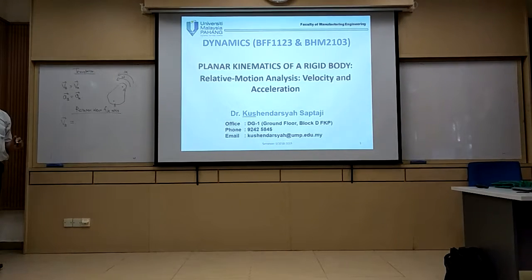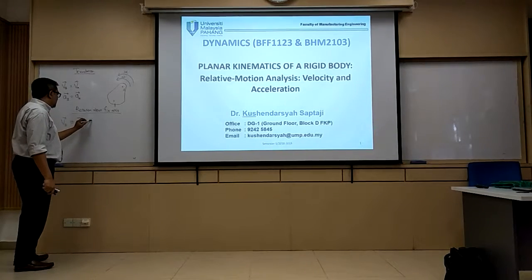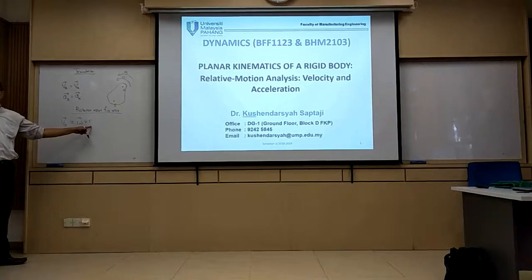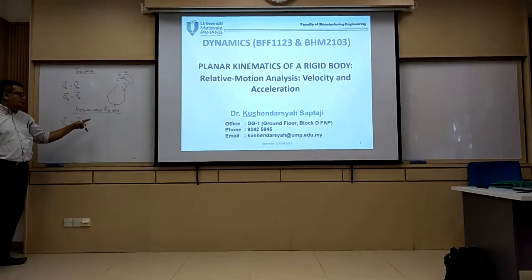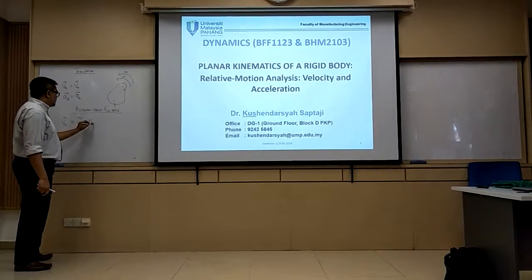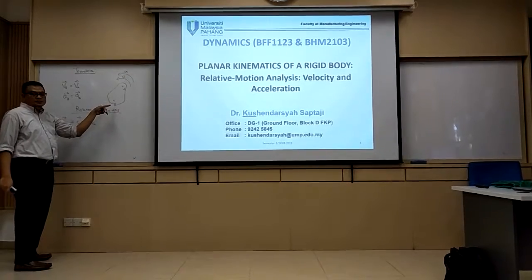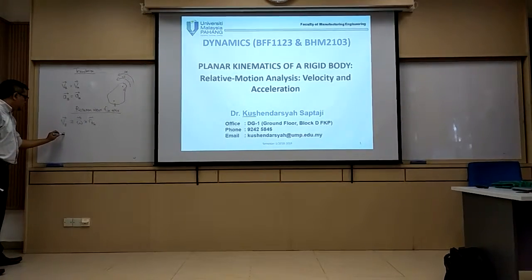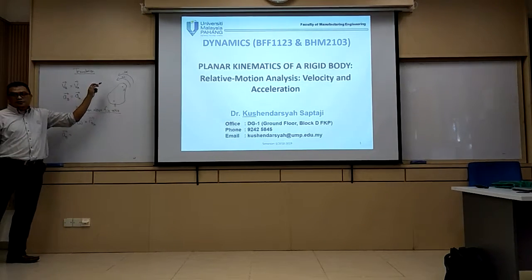Omega cross R. What R? The distance of AB, right? So R_BA, from A to B, right? How about the acceleration? Minus or plus? This is counterclockwise.